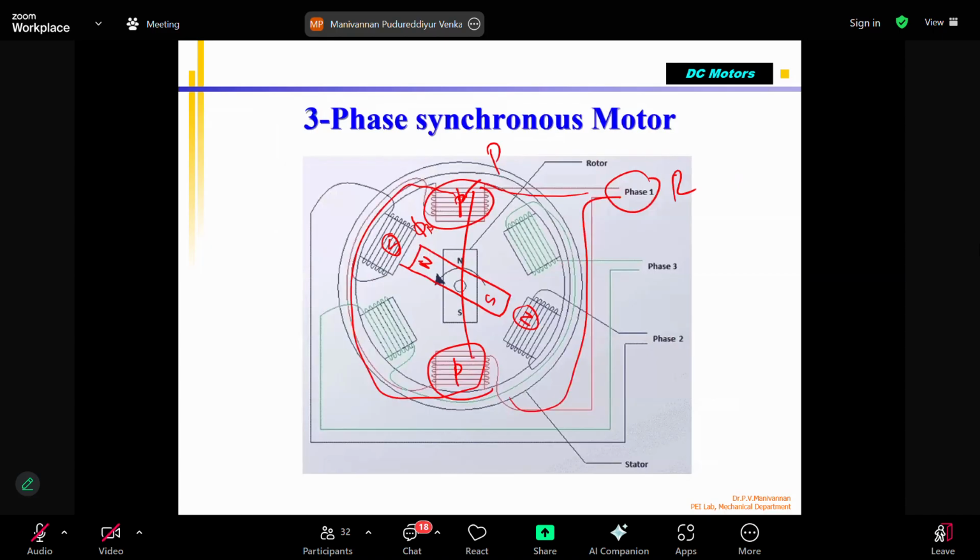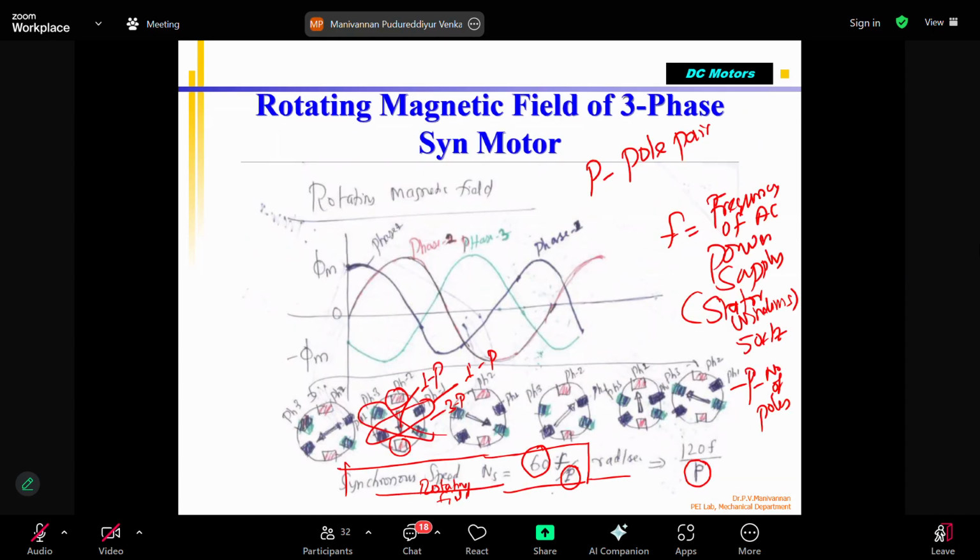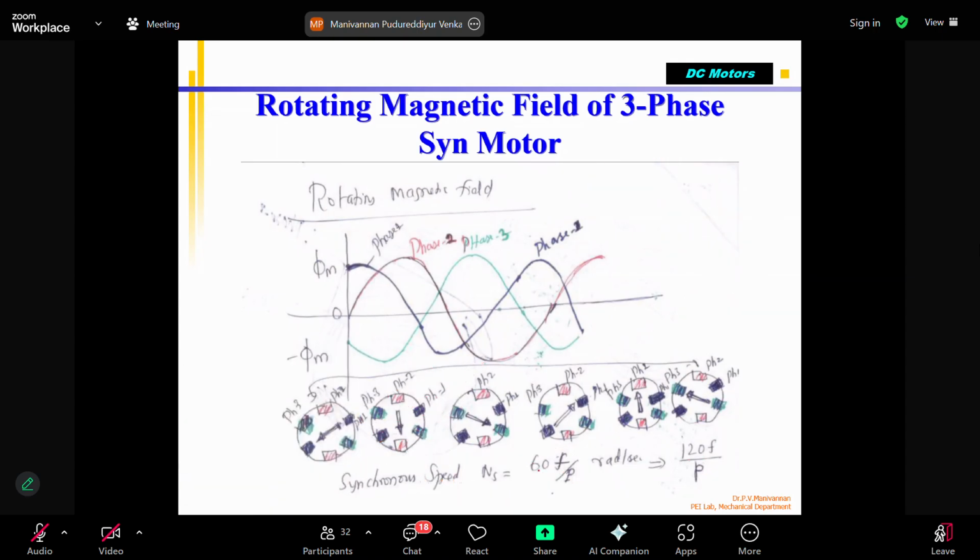So if I want to compute the synchronous speed of the motor, I can use 2 formulae. 60 F by capital P: we have 60 into 50 in India, divided by 3 pole pairs.